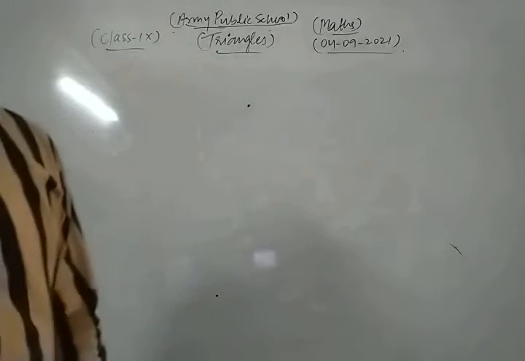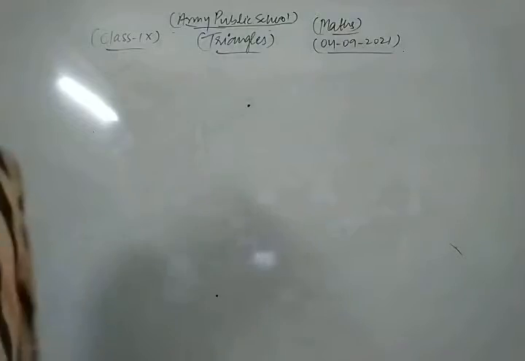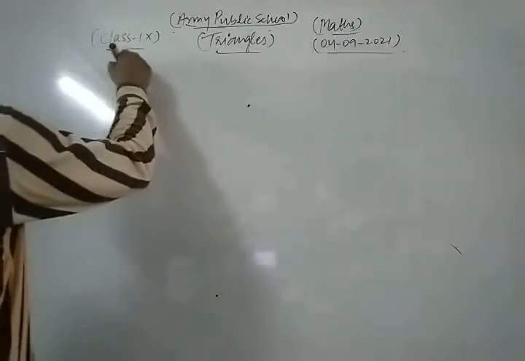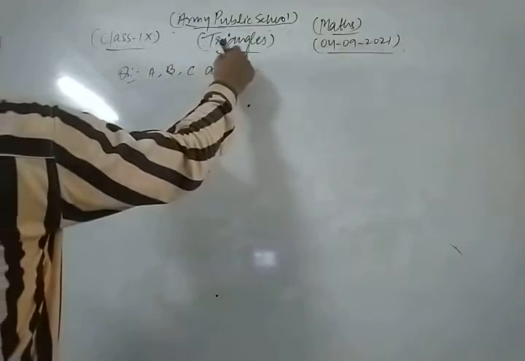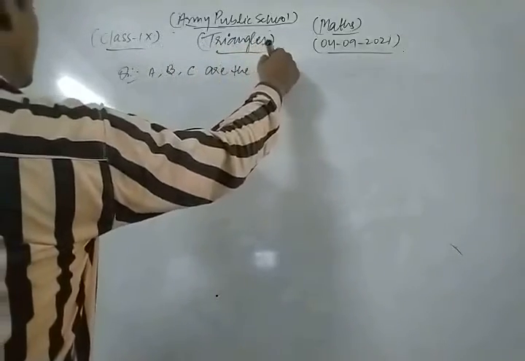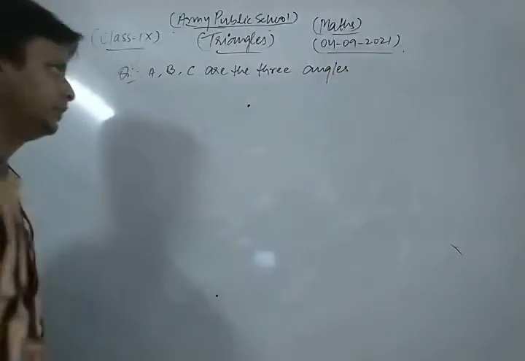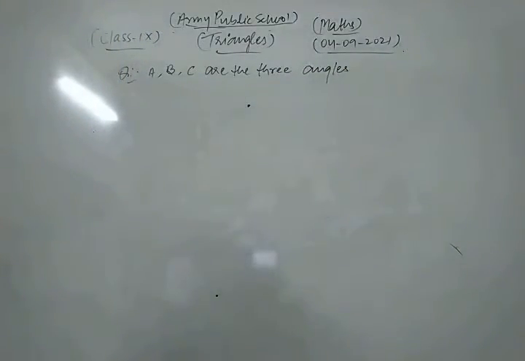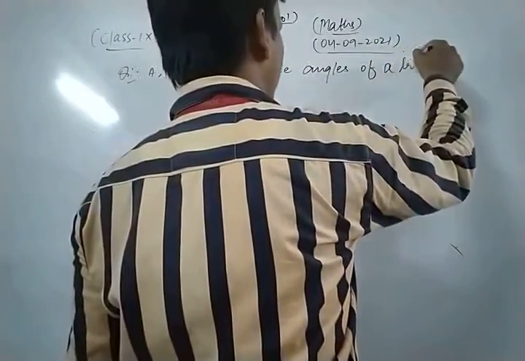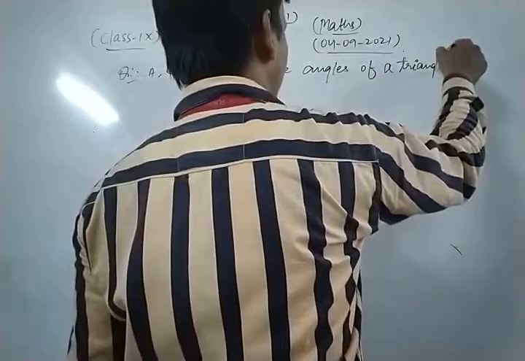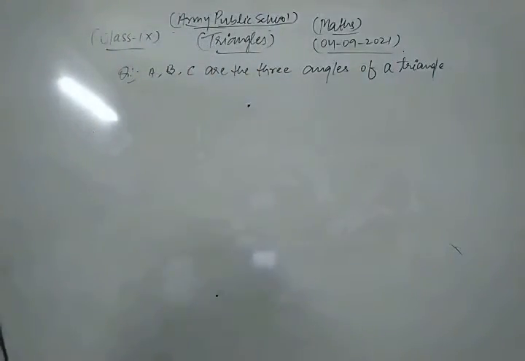The question is: A, B, C are the three angles of a triangle.